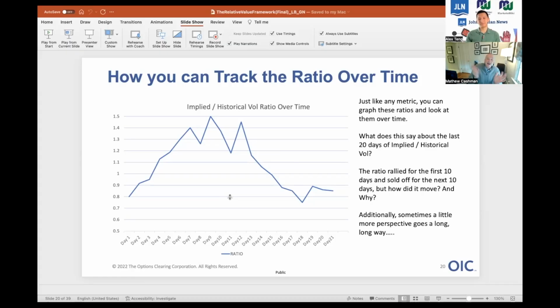The last 5 times it was there, it bounced off of 80. A lot of times those same kinds of patterns will start to come out as you look at these ratios. Oftentimes, when you're looking at the implied divided by the delivered ratio, you'll start to see patterns as to how they move. Sometimes when you look at those ratios relative to each other in different assets, it becomes even more clear.